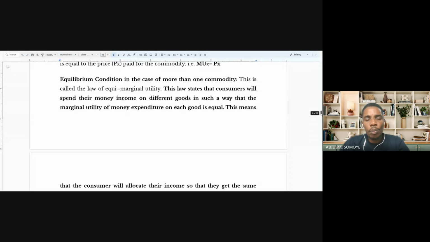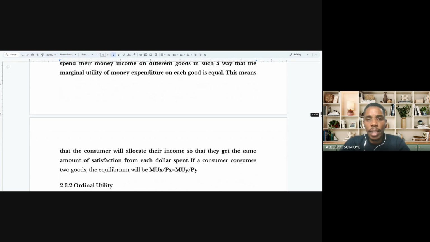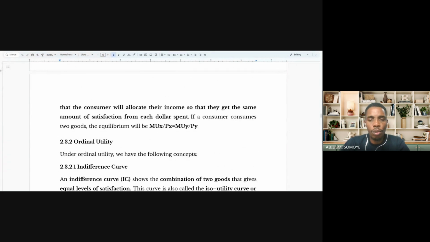Let's look at equilibrium condition in the case of more than one commodity. This is called the law of equimarginal utility. This law states that consumers will spend their money income on different goods in such a way that the marginal utility of money expenditure on each good is equal. I already mentioned that. This means that the consumer will allocate their income so that they can get the same amount of satisfaction from each dollar spent.